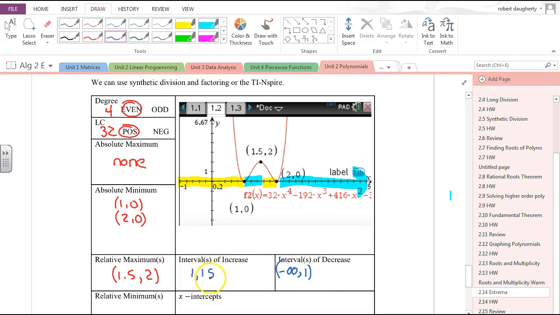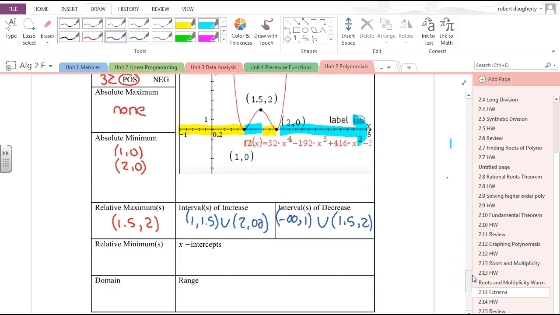Yeah, 1 to 1.5, okay? And then I start doing what at 1.5? I decrease from 1.5 to what? To 2. And then once I get to 2, what do I start doing? I start increasing from 2 to infinity. This is stuff we did last semester, these intervals.